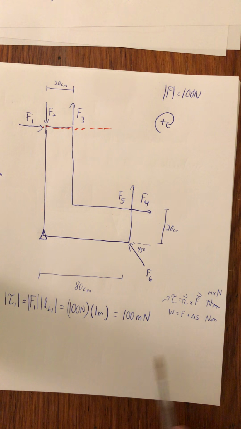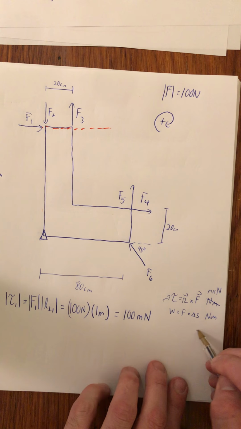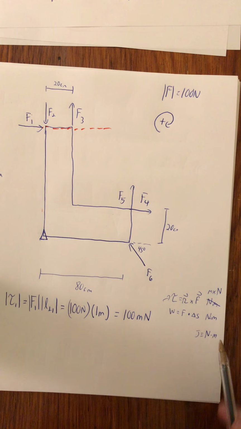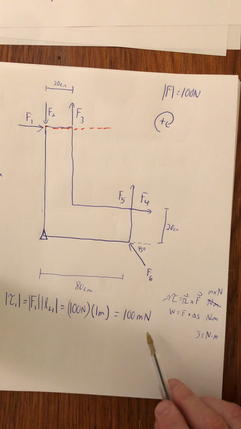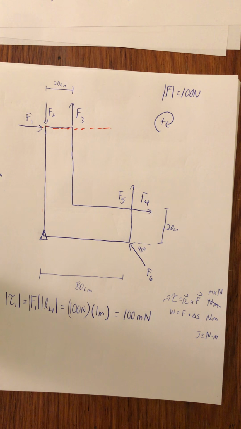Now we're not going to get all technical and write in that cross every time, but a joule is actually defined as a Newton dot a meter, not a meter cross a Newton. So we're going to leave it in terms of meter Newton so that we don't accidentally make that a joule.